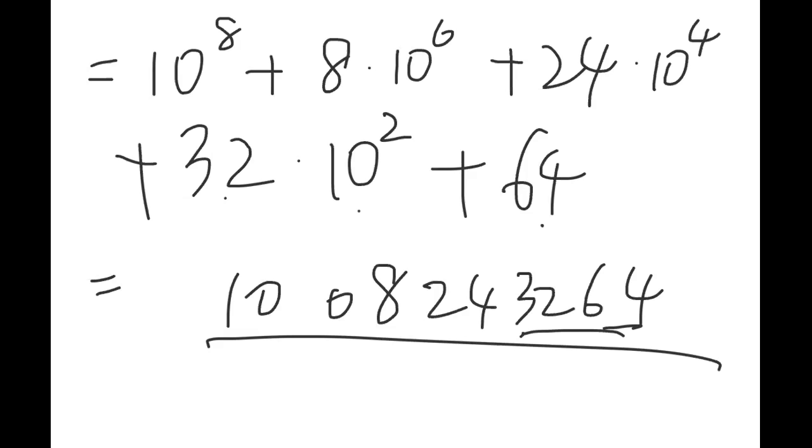And when you add 24 times 10 to the fourth power, it becomes 24, 32, 64. And you can just add them up one by one. So this is rather easier to do without a calculator.